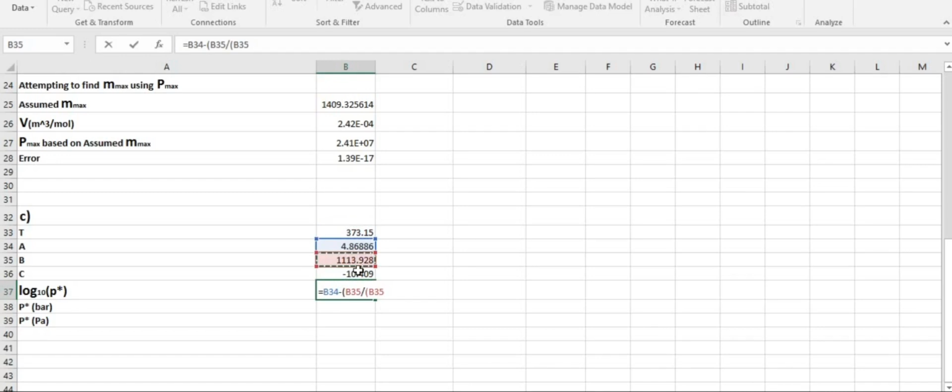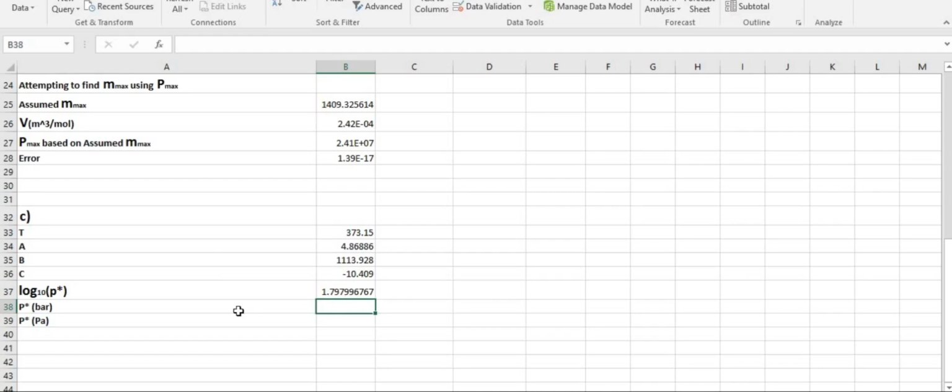So we have C plus C. And this is supposed to be A minus B divided by C plus D. This is supposed to be C. So we press enter. This gives us our log P.